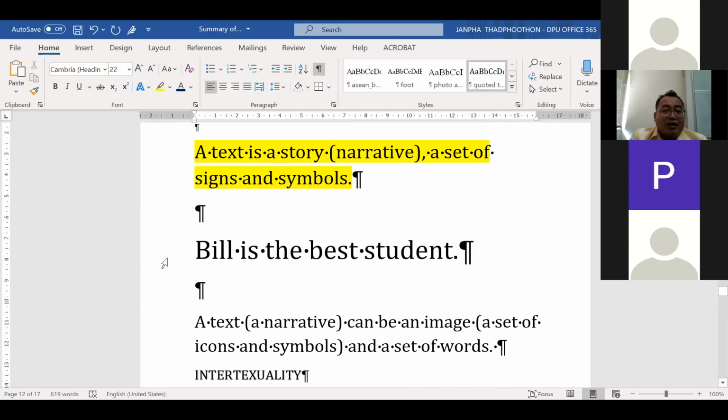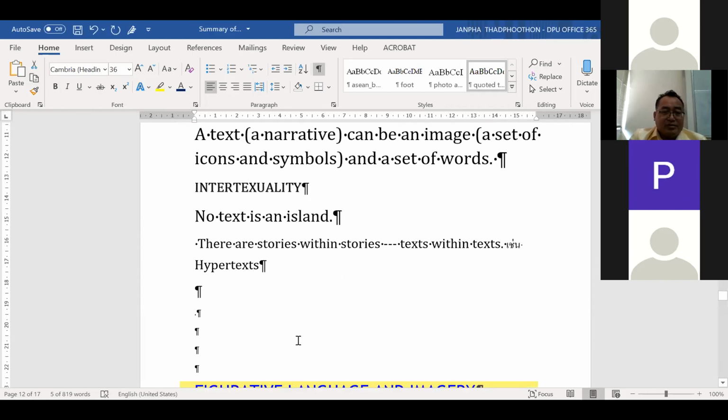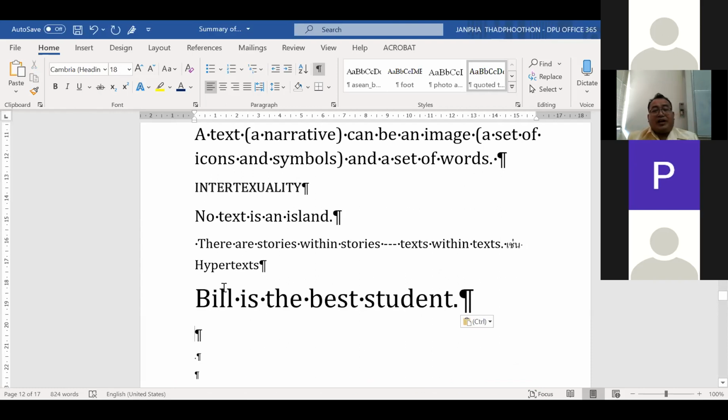Let's get back to our original example here. Bill is the best student. You can actually look into intertextuality. That is Bill and student.